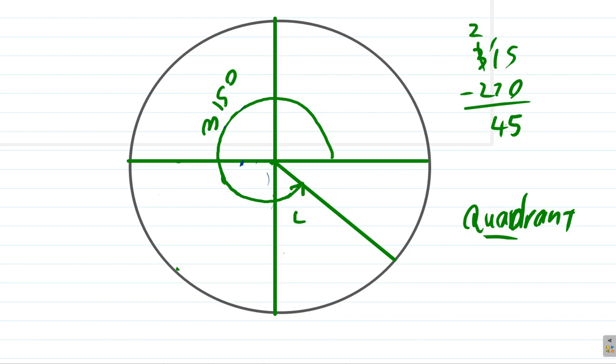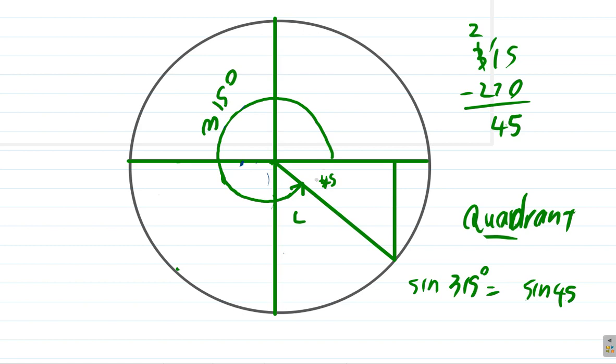Now the thing is, where is our opposite when you talk about the triangle? You see, due to the fact that this is 45 degrees, our triangle would be here. So the sine of 315 degrees would look like the sine of 45, but it would be what?